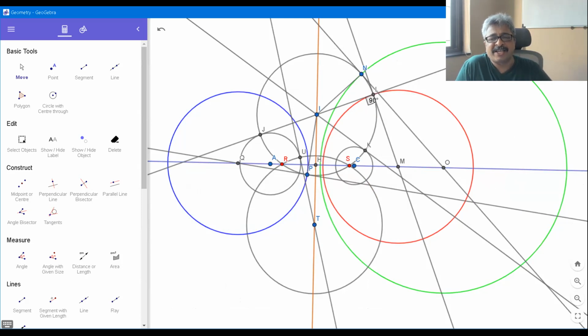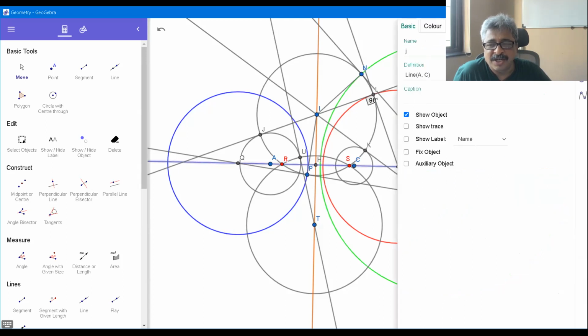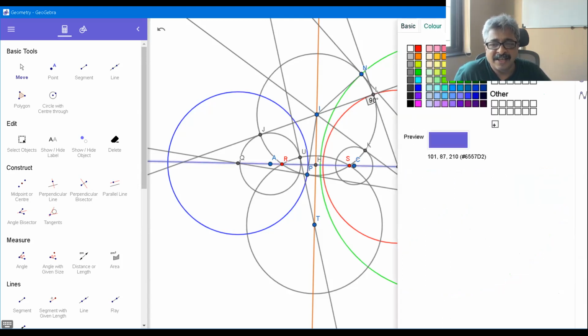So line RS we can say. So line RS is a radical axis of the family of circles which were orthogonal to the given two circles. So you have to understand this duality.